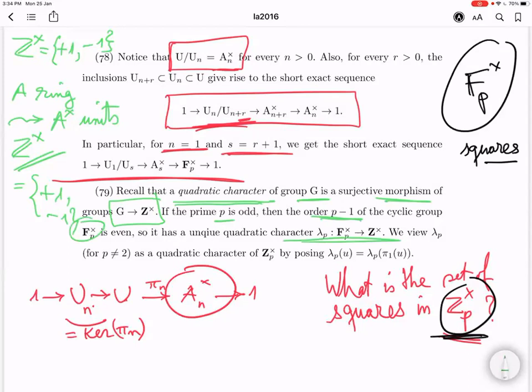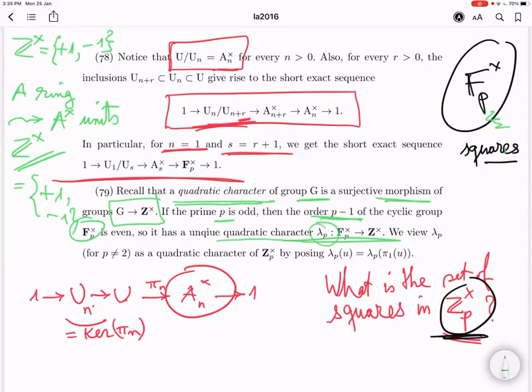I'm going to call it lambda_p. We want to determine the squares in F_p star. So does everybody agree that F_p star has a unique quadratic character? I'm just calling it lambda_p.